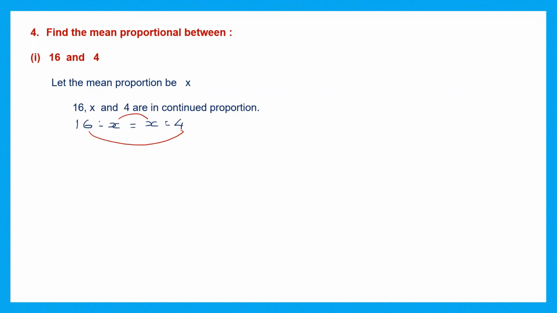Now product of extremes will be 16 into 4 and means would be x into x. So 16 into 4 equals x into x. X into x is x square and 16 into 4 is 64. Now x square is 64. That means x is the square root of 64.